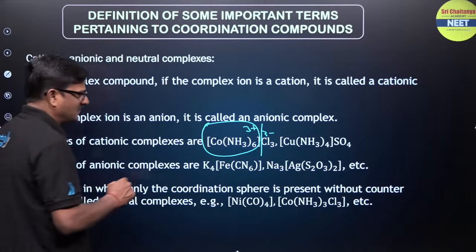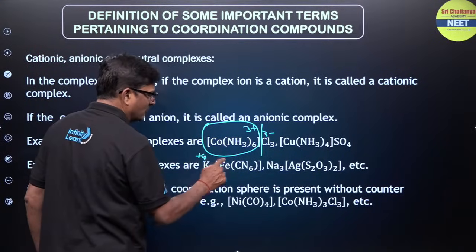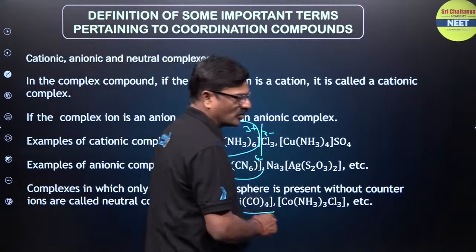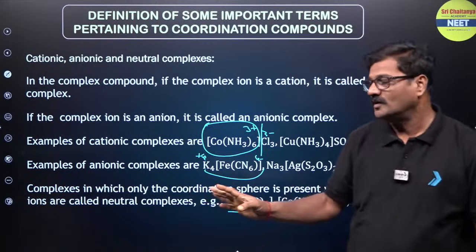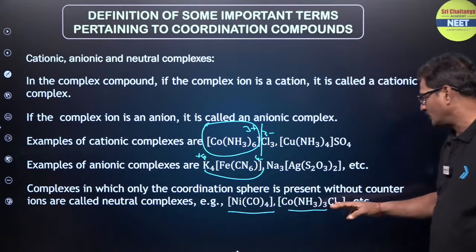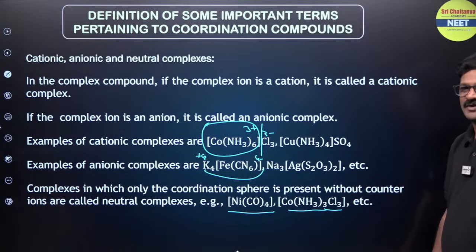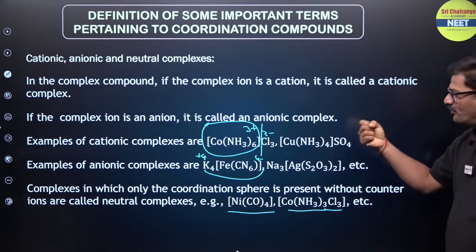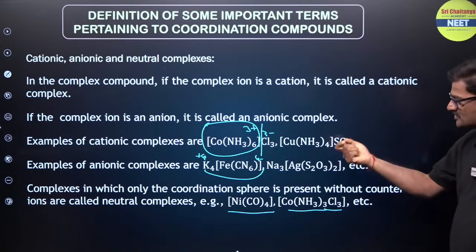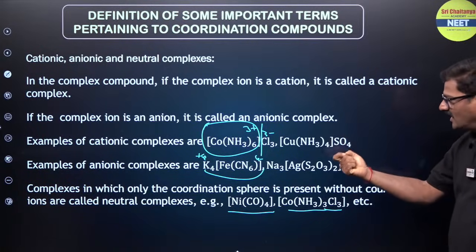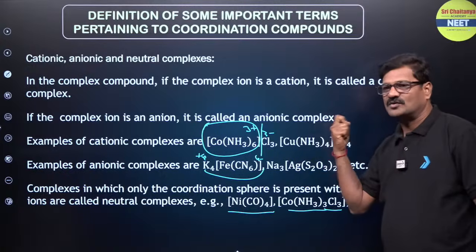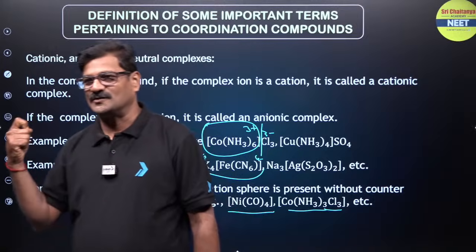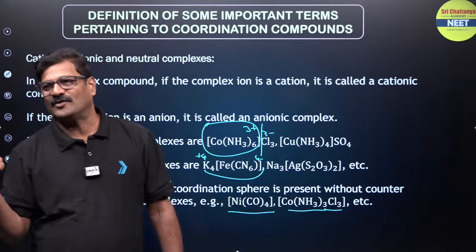And K4[Fe(CN)6], remove 4 plus, 4 minus comes, so it is an anionic complex. Metal carbonyls are neutral complexes. You can see this is also a neutral complex. If you understand this, in IUPAC nomenclature you need to change the central atom name based on the charge on the complex. So that is very important here. So cationic, anionic and neutral complex.